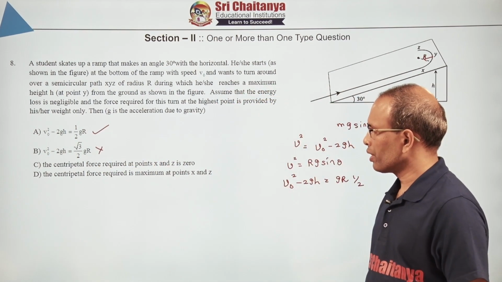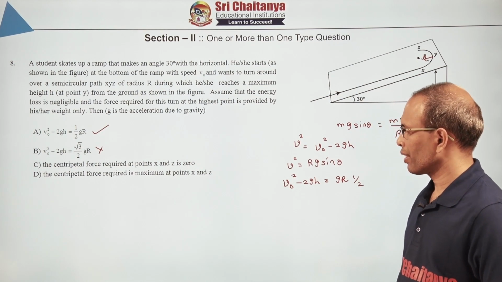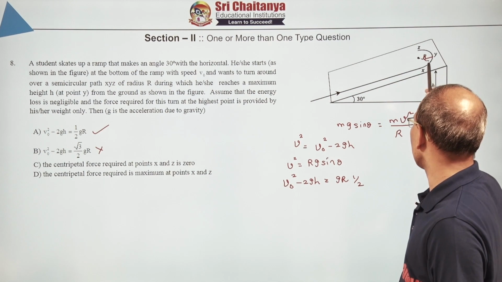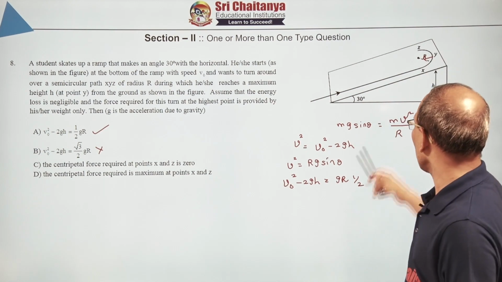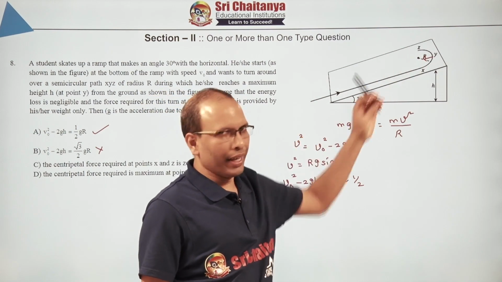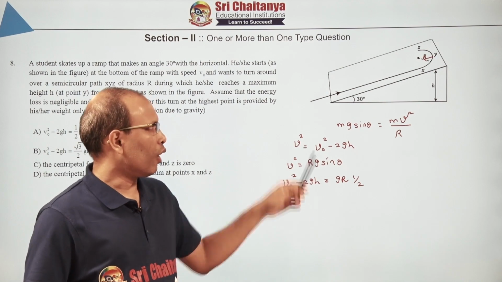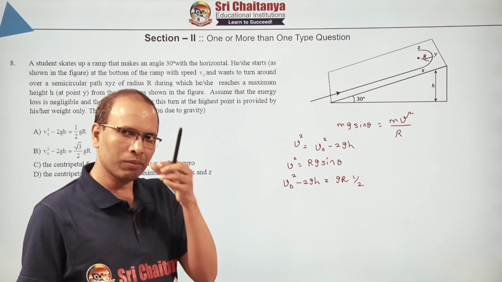Now option 3 and 4 is talking about the centripetal force required at x and z compared to y. Now if we compare these positions, at position x or position y, at which position is speed more? Obviously at position x speed is more.